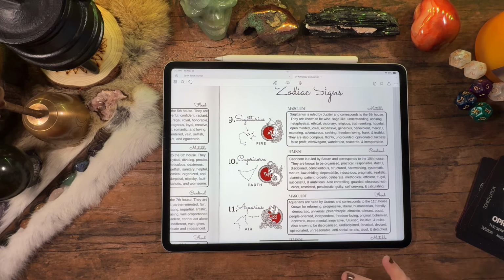Ophiuchus also is very much, in my opinion, associated with Asclepius, who was a healer, Thoth, the Atlantean, who was a healer and an engineer, and Hermes, Mercury.